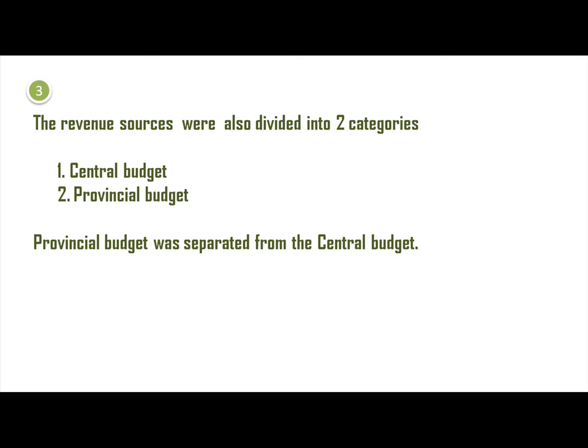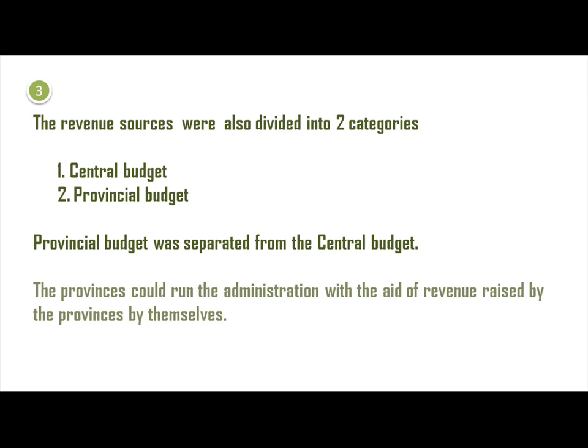This was so that the provinces could run the administration with the aid of the revenue raised by the provinces themselves. Why was the revenue separated? So the provinces can look after their own requirements with their budget. That's why the provincial budget was separated from the central budget. There was no need to ask the central government's permission for each and every development required in the provinces. This is a part of self-governance.